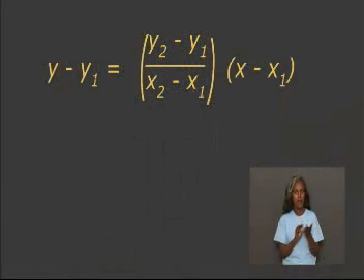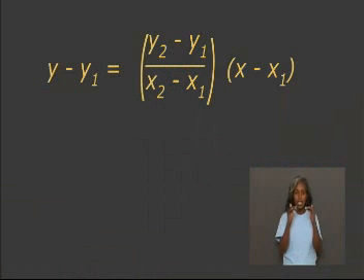Welcome back. To find the equation of a line passing through 2 points, we use this formula: y minus y1 equals (y2 minus y1) over (x2 minus x1), multiplied by (x minus x1).